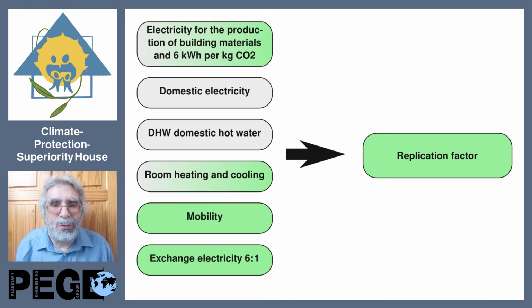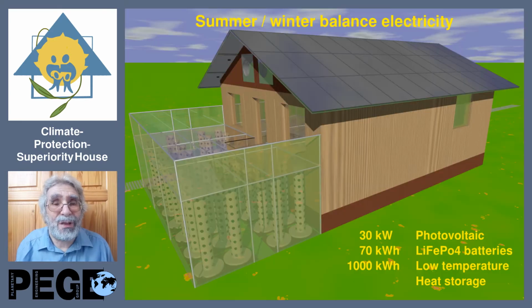Then we have also to calculate mobility. The people in the house will charge the electric cars. This has to come into the calculation. And at last, the exchange rate for electricity. You get 1 kilowatt hour for 6 kilowatt hours delivered. Isn't it a very bad exchange?